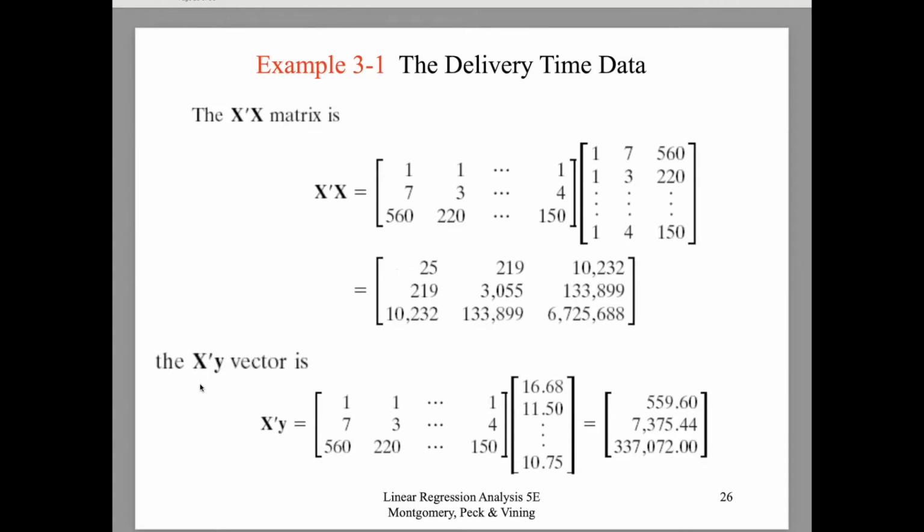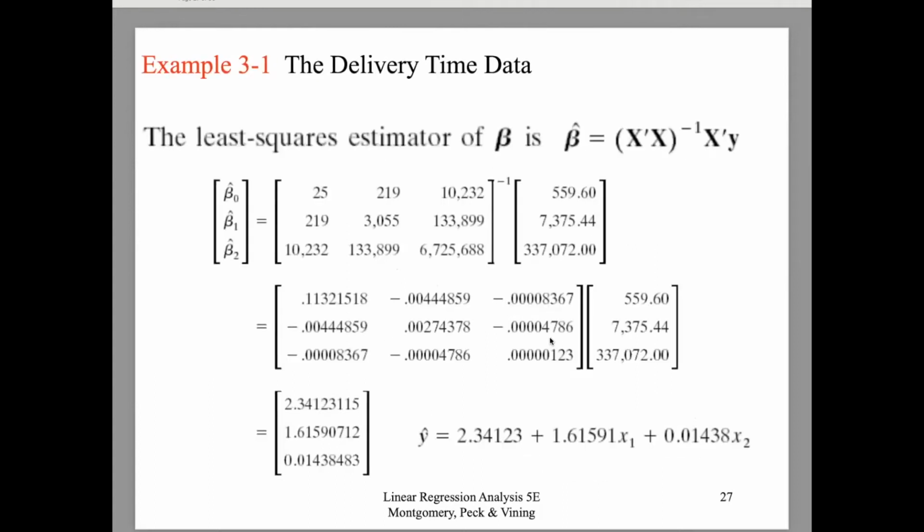We would also calculate X prime Y, which gives us this 3 by 1 vector. We would need to invert the X prime X matrix, and then we would come up with the least squares estimator using this formula, X prime X inverse times X prime Y. That would result in the least squares estimator of the beta vector, giving us the individual estimators here.